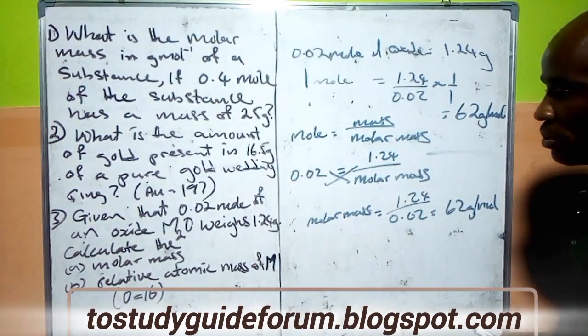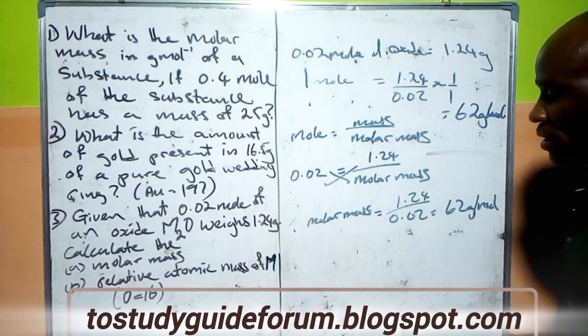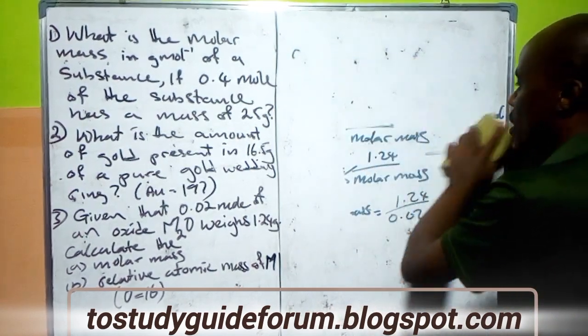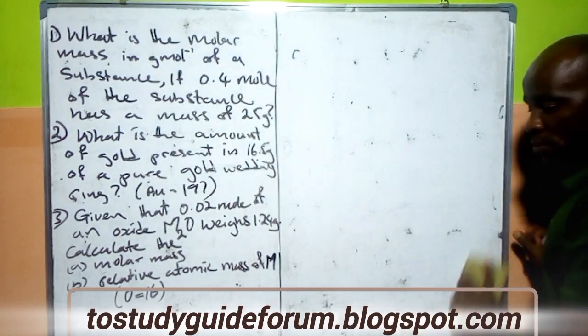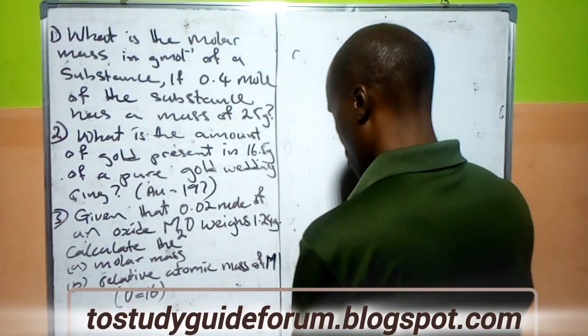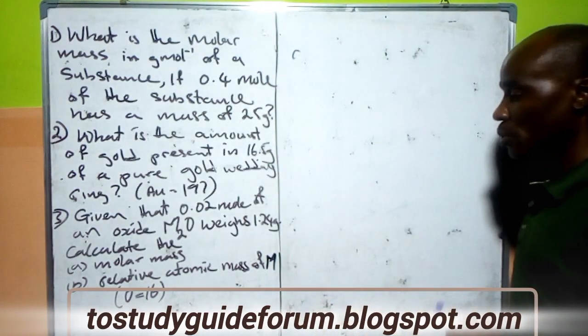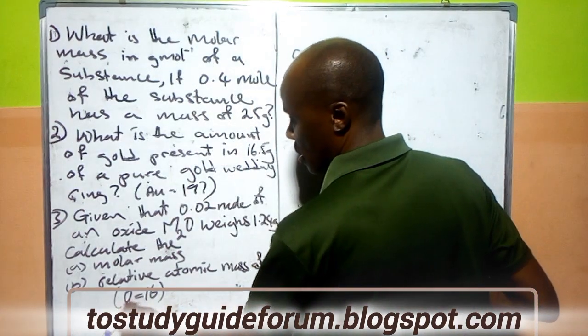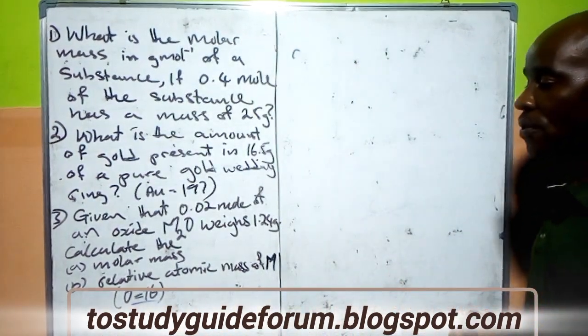The second question we're going to be solving is the relative atomic mass of M. Before we can do this, we're going to employ the relative atomic mass of oxygen.